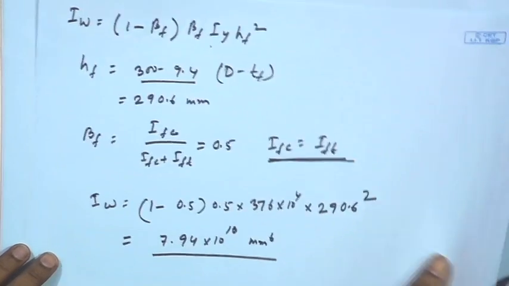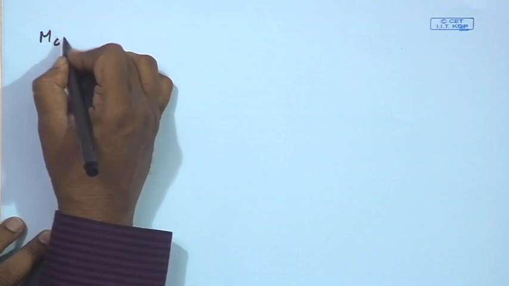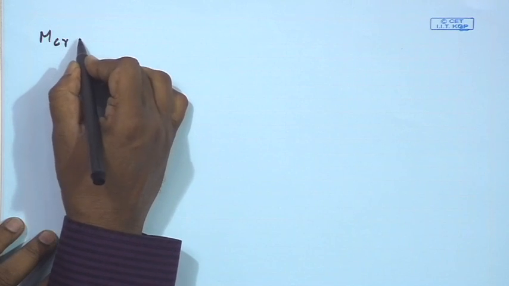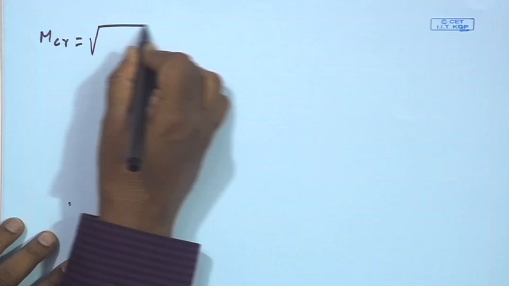Now, all the values of the parameters are obtained. So, we can find out the moment due to torsional buckling. So, MCR we can find out.